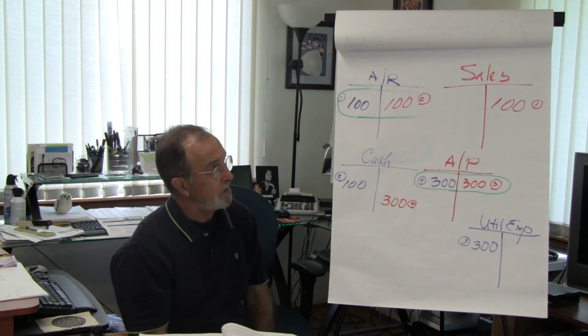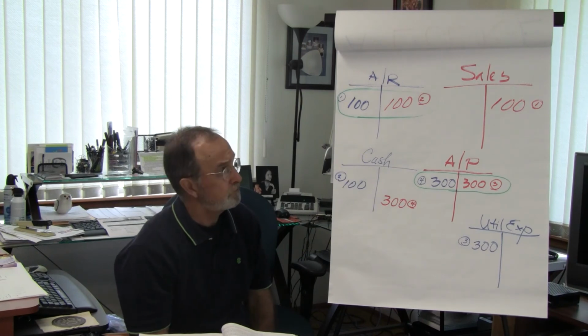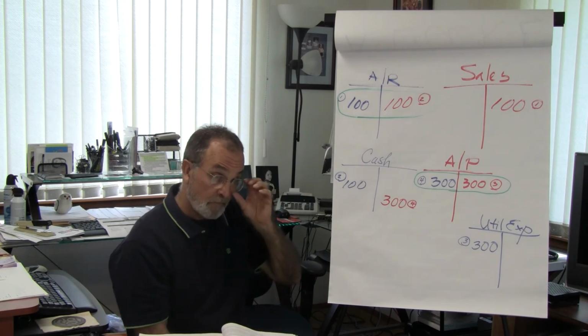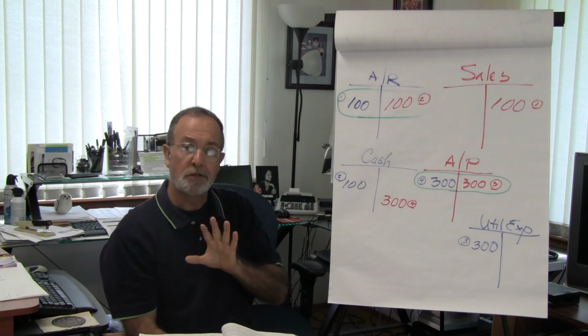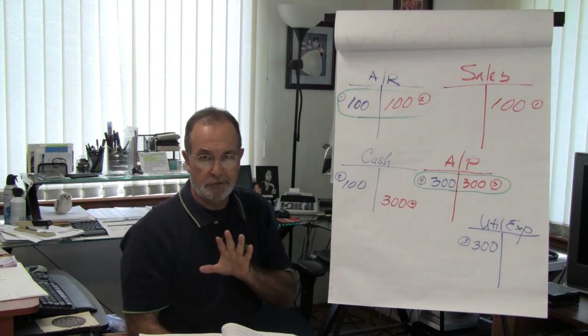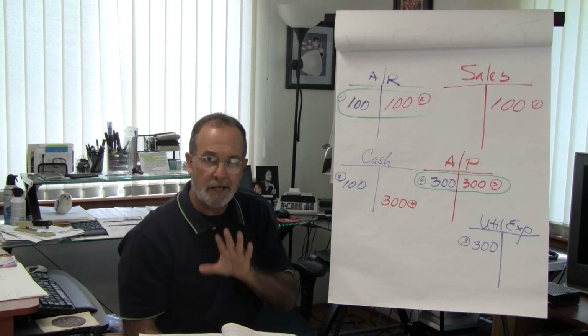Now, if we were using the cash basis of accounting, it'd be a little different. Under the cash basis of accounting, we do not recognize revenue when it is earned. Instead, we recognize revenue when it is received in cash.